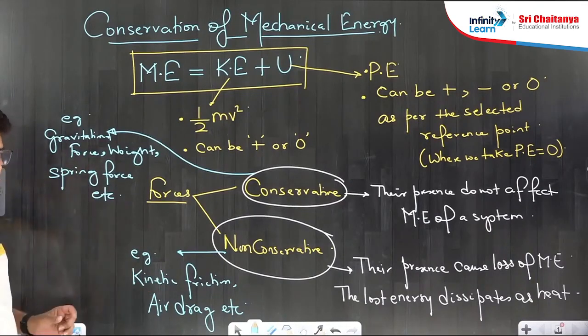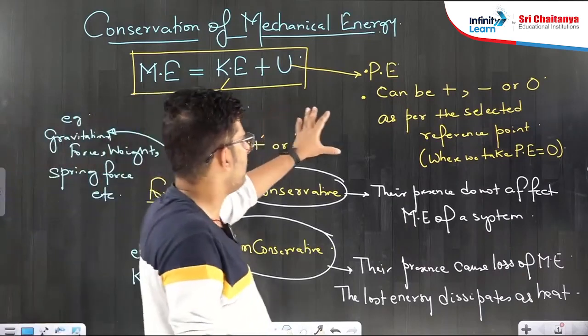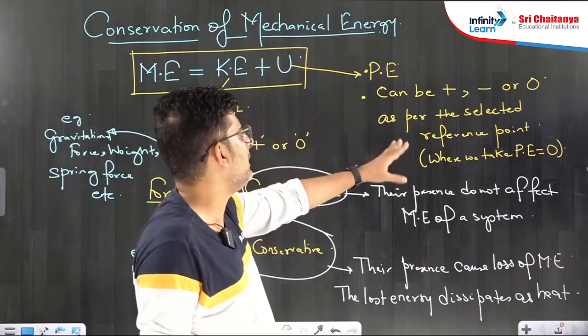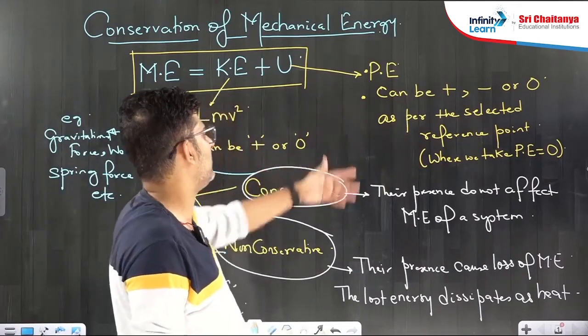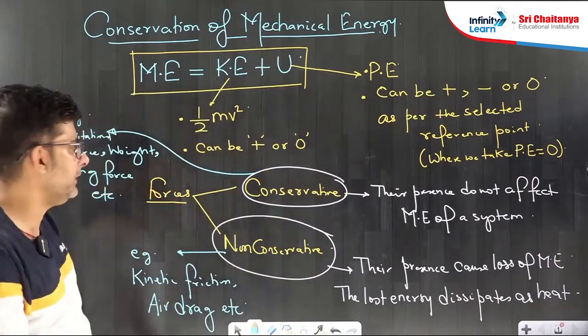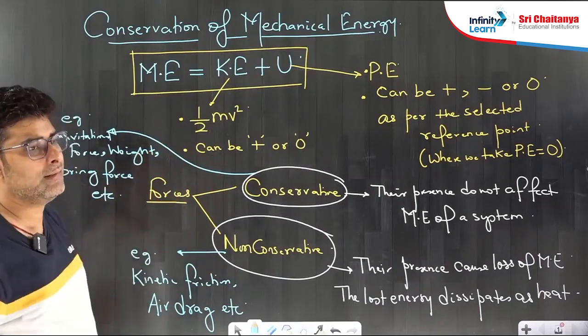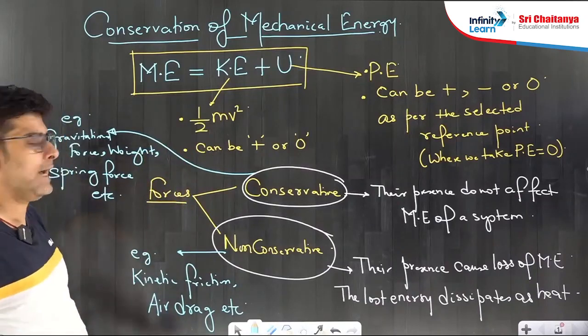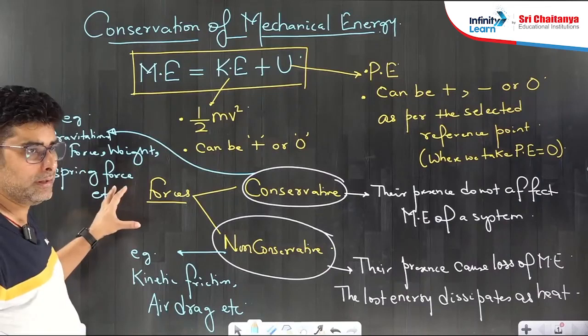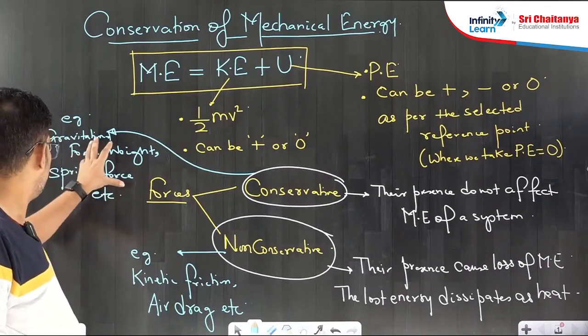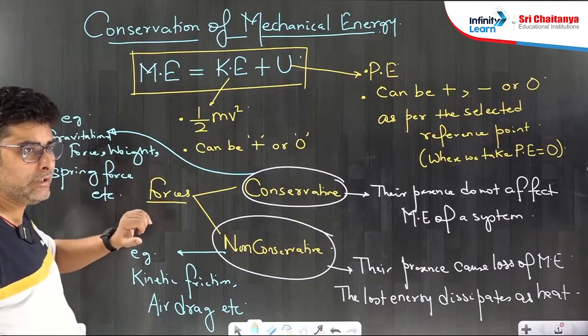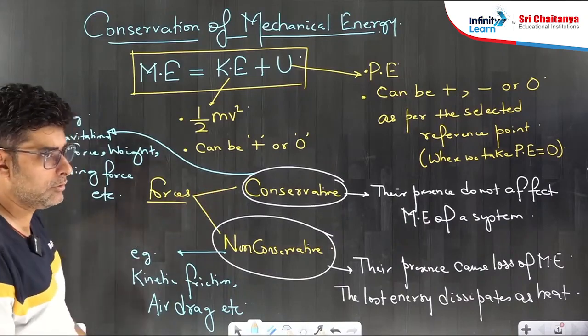Okay, so now as I told that potential energy, it can be plus, minus or 0 as per the selected reference point. So now we will quickly see two important examples or types of potential energy and the force involved, which is the spring force, which is the gravitational force. We will see that as well. Okay.